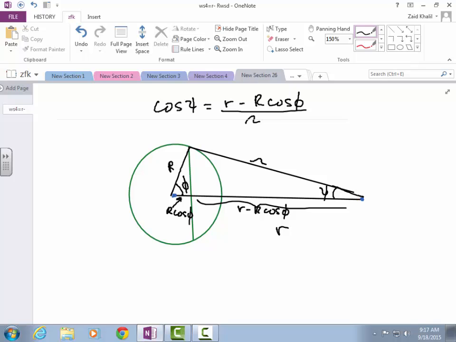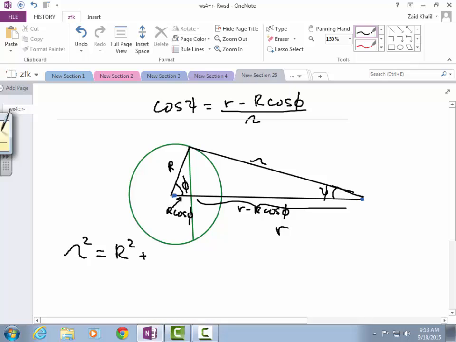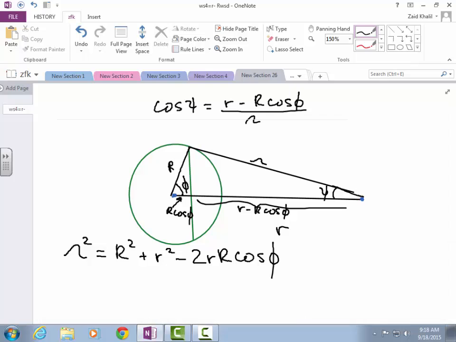Law of cosines. Law of cosines says script R squared is equal to R squared plus little r squared minus 2 R r cosine of the angle that's opposite. So that's that phi. No, be careful.